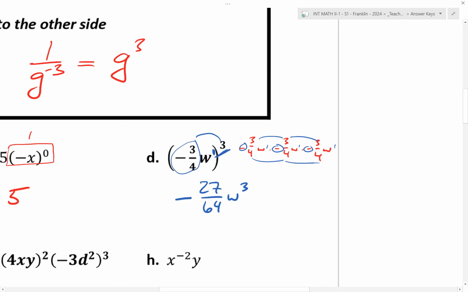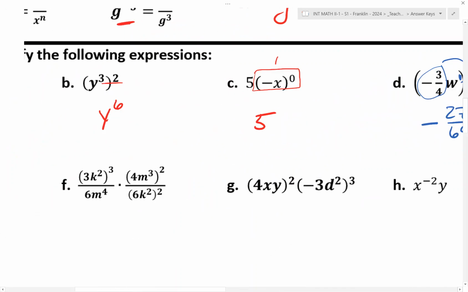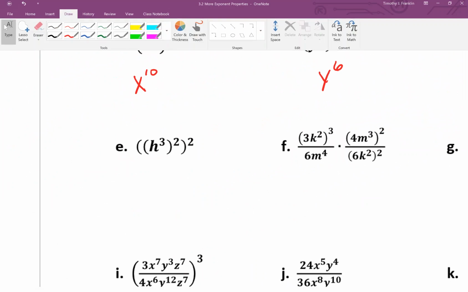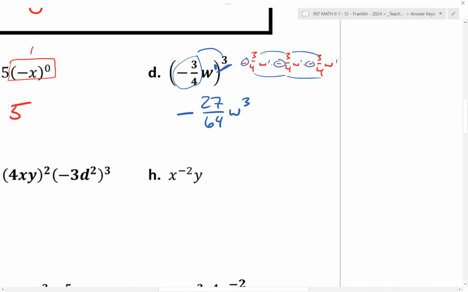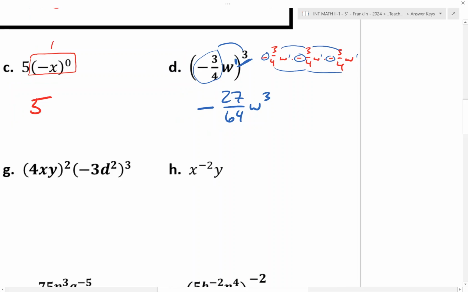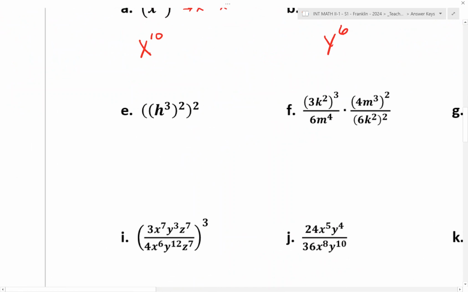So remember to apply that exponent to the coefficient normally, but you can just multiply the exponents together on the variable. And you should check and see if you can simplify this, but 27 and 64 don't share any factors, so that is simplified.